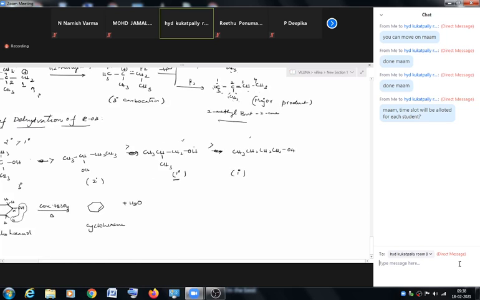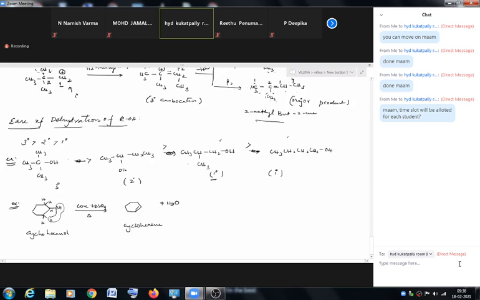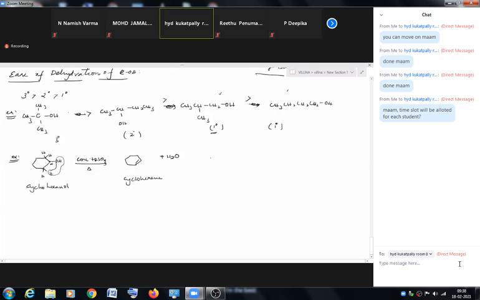Okay, so in the ring, if there is any conjugation, in the sense alternating pi bonds, if there is any availability, there also we can have stability in the reactivity order. So OH with two alternating bonds. So this is alpha. This is the position where we are going to get the carbocation, right? So with that, we are trying to write the conjugation.